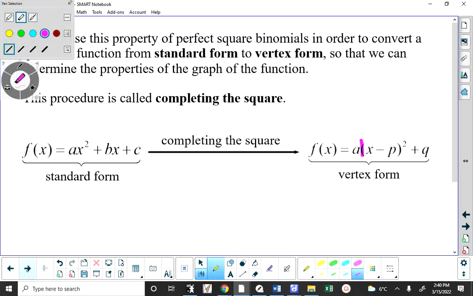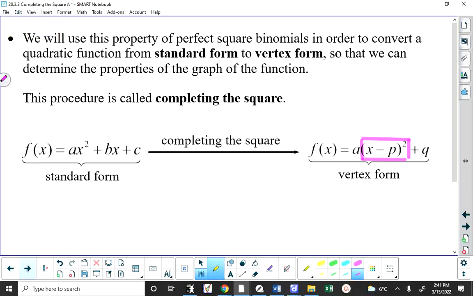This is a perfect square, isn't it? Because it's x minus p squared, which means when you expand it out, the constant term has to be the square of half of the coefficient of x. That's how we create a perfect square.